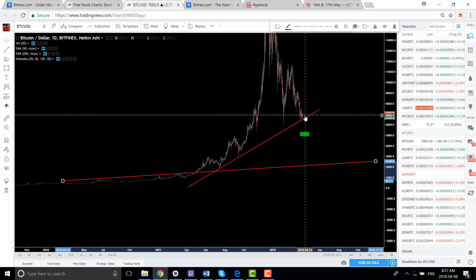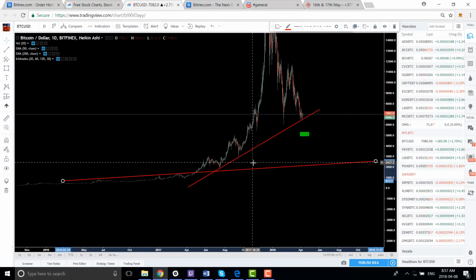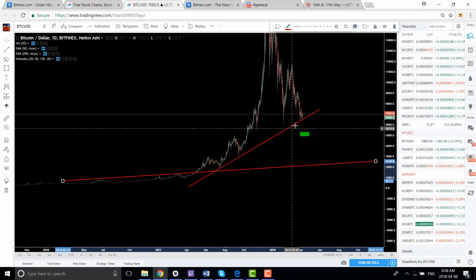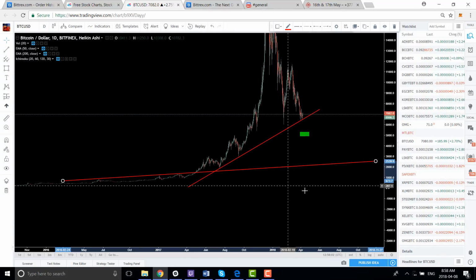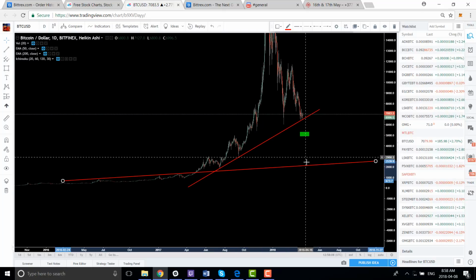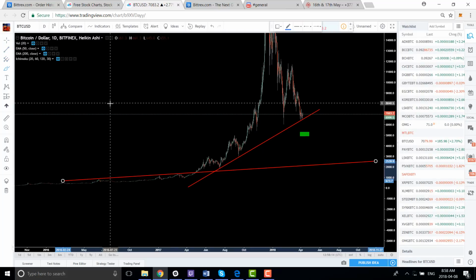So this could be a target level for Bitcoin if it does break this trend. You can see there's a strong resisted support here. Once the floor breaks, once the support breaks, it creates a new floor and it'll create a new resistance. So this will be the new resistance if Bitcoin did come down, and this would be the new floor. Usually when something like this breaks, this is what you'd see.